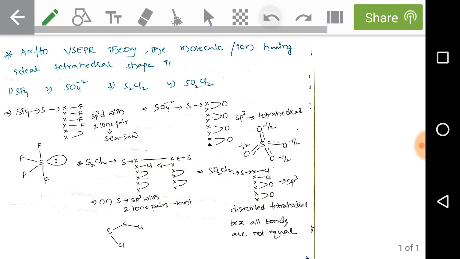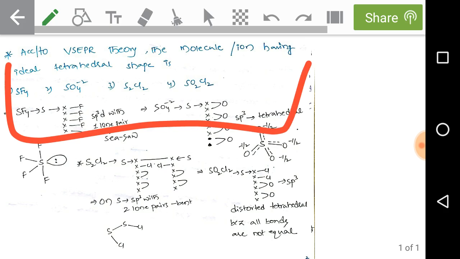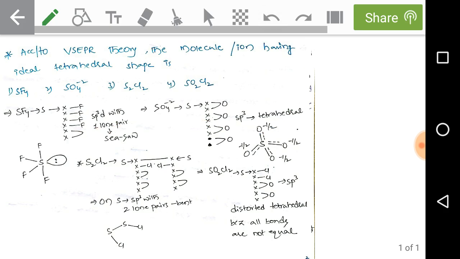Okay, next one: according to VSEPR theory, the molecule or ion having ideal tetrahedral shape is... Here we have SF4, where sulfur is the central atom having 6 valence electrons, and 4 electrons make sigma bonds with 4 fluorines, and 2 electrons are considered as one lone pair.